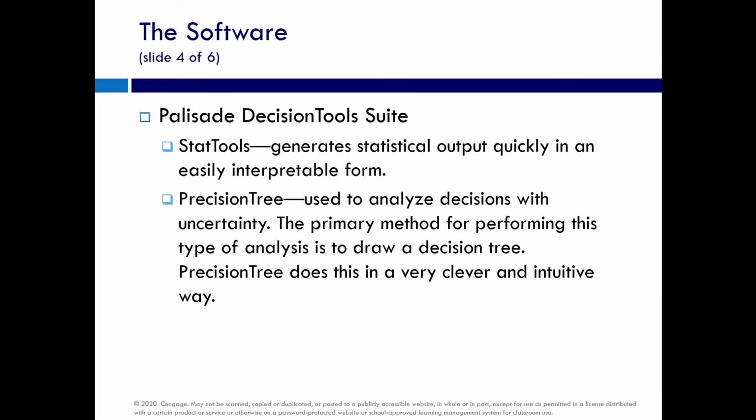Palisade's StatTools generates statistical output quickly in an easily interpreted form. PrecisionTree is the primary method for performing this type of analysis under uncertainty: the decision tree.